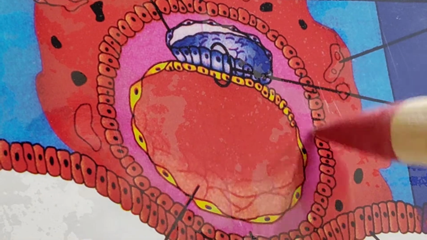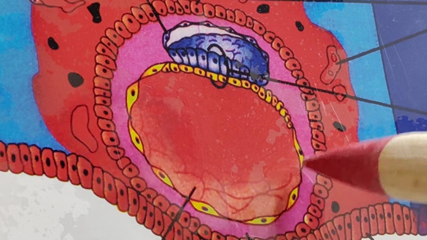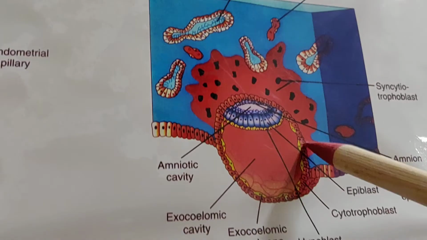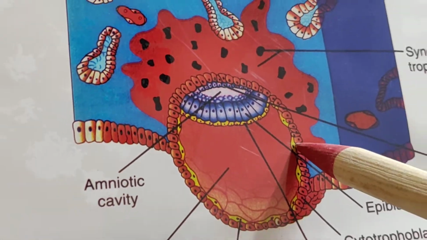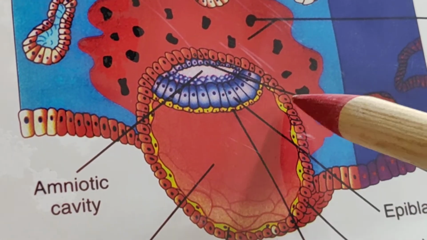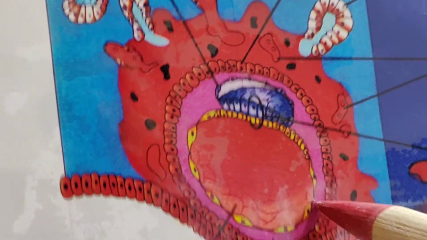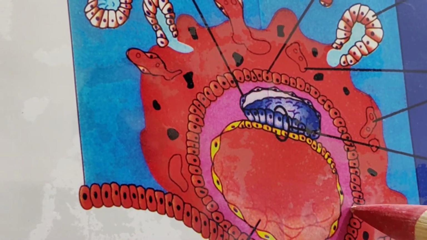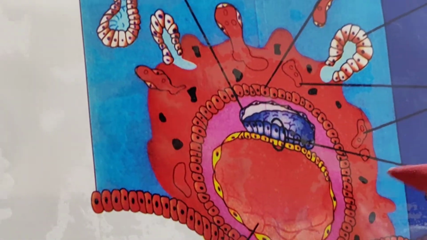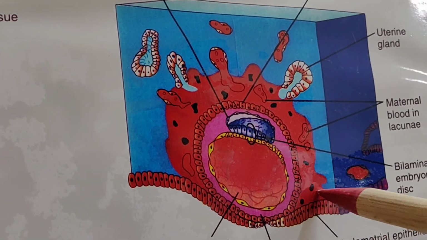So this extra embryonic mesoderm is present and separates the two layers that are close to each other. In the earlier diagram they are close to each other. This is the membrane, the yellow layer surrounding the yolk sac, and this is the cytotrophoblast layer. Now in this diagram it is the extra embryonic mesoderm, and this extra embryonic mesoderm separates these two layers. So these are the changes we see in the development of the second week.